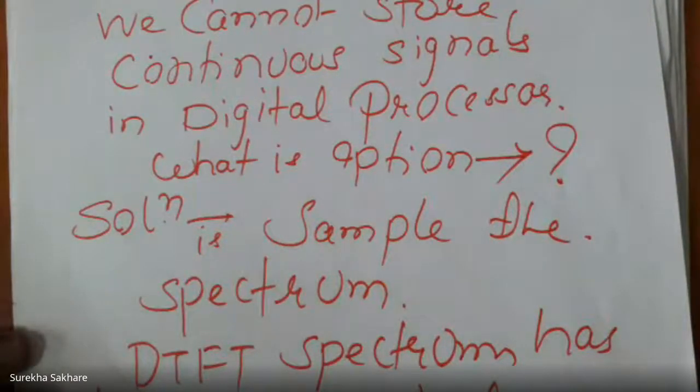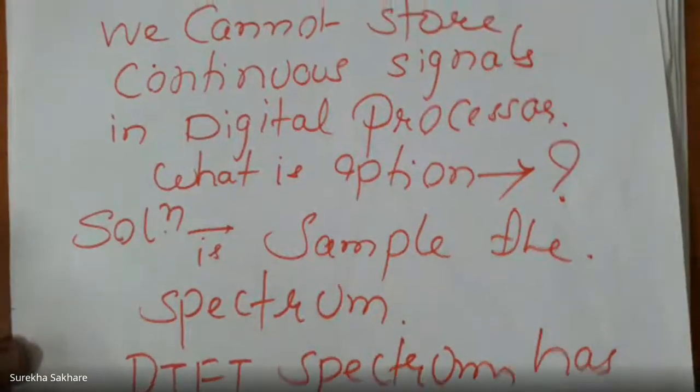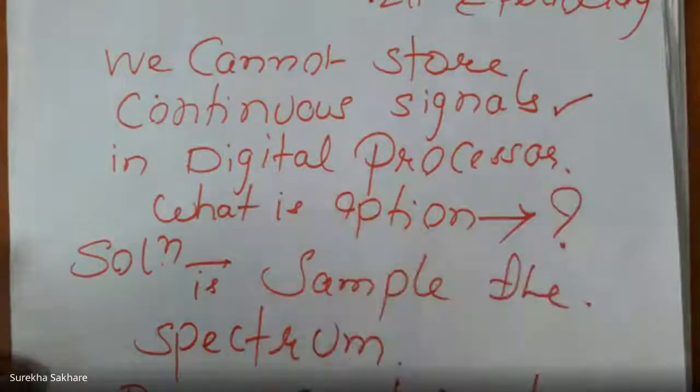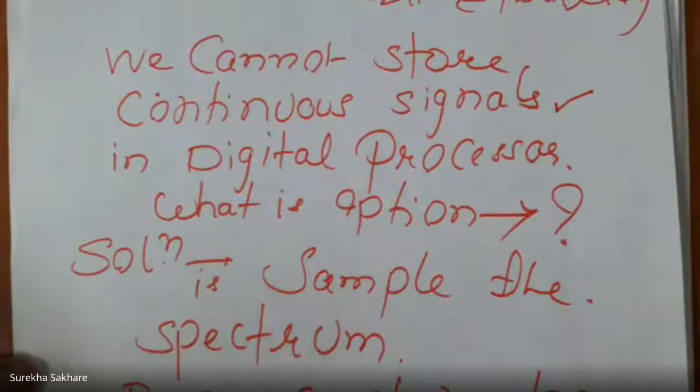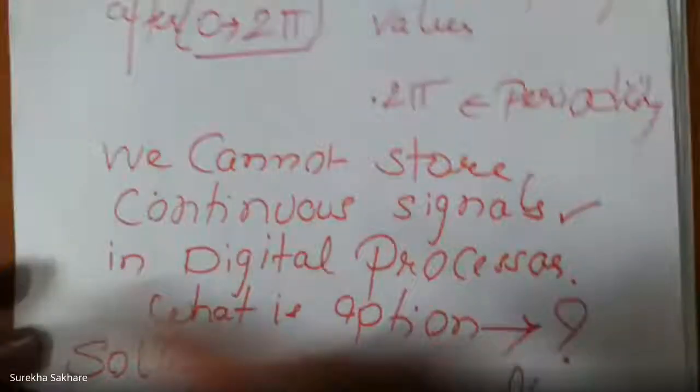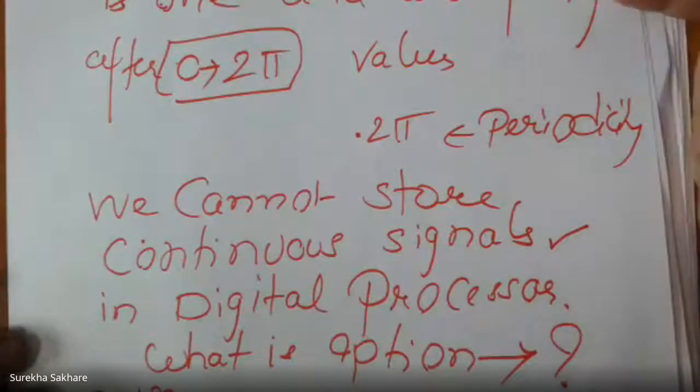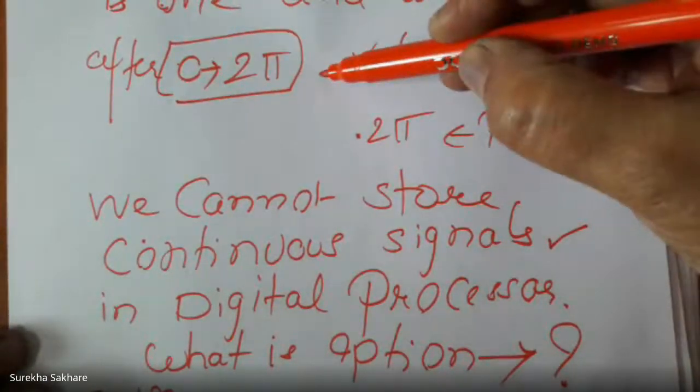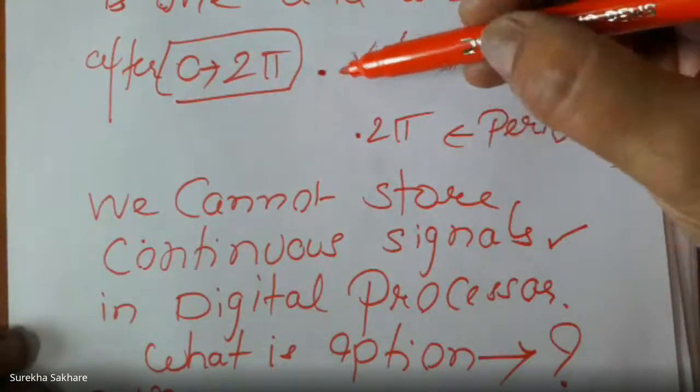Okay, so we cannot store the continuous one. These are the main points we want to understand. We could make the conclusion that DTFT is continuous when we plotted the diagram for these values, and we saw that it is periodic with 2 pi.